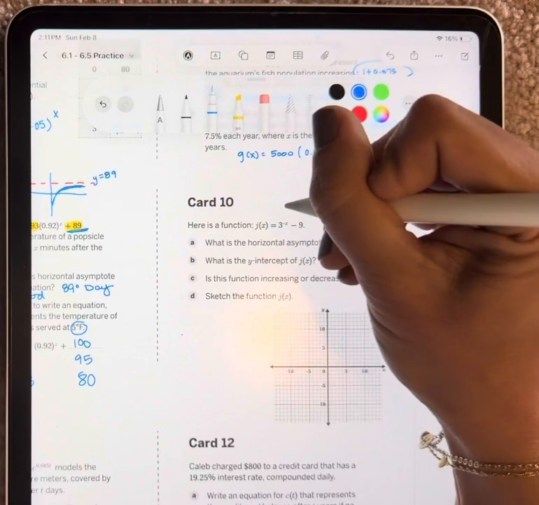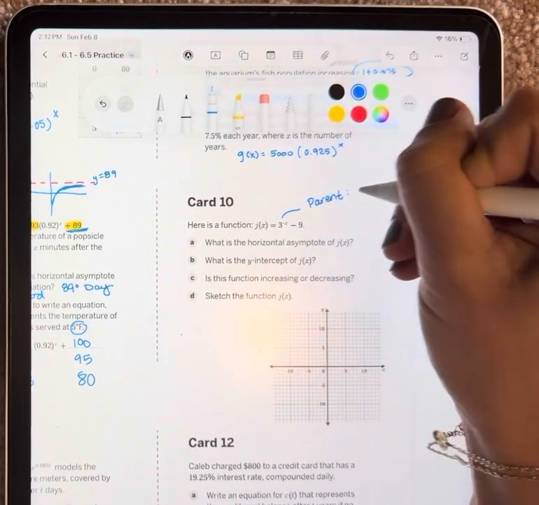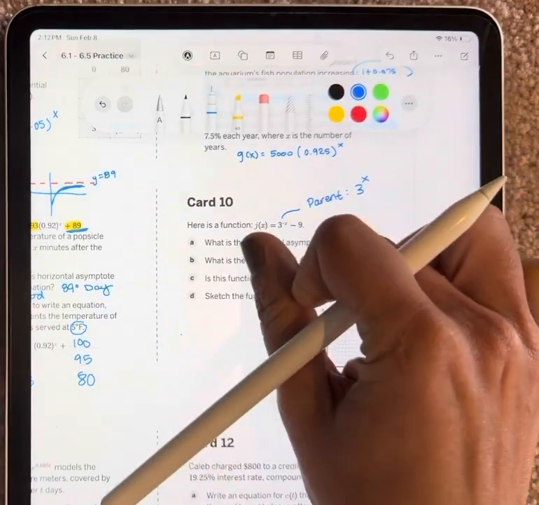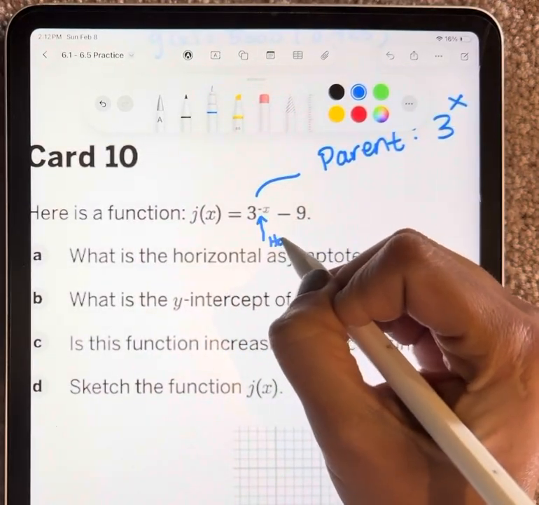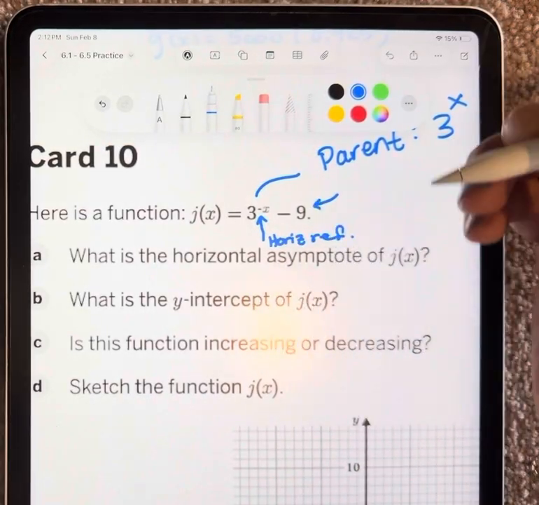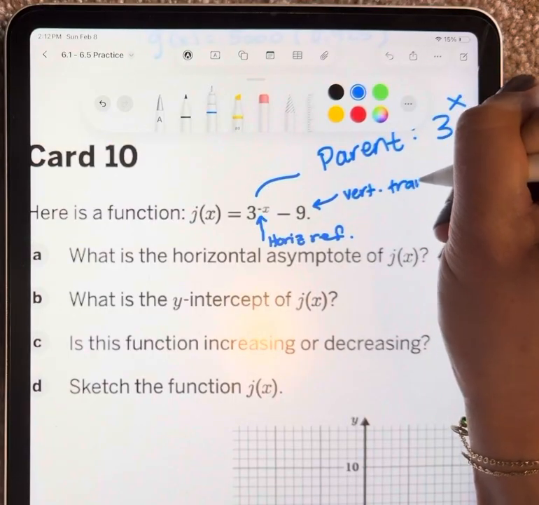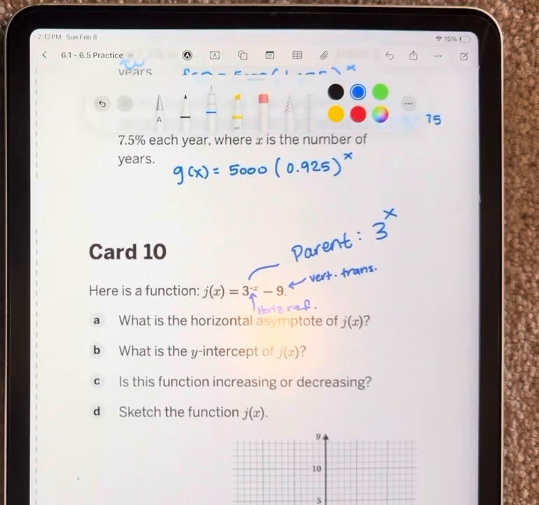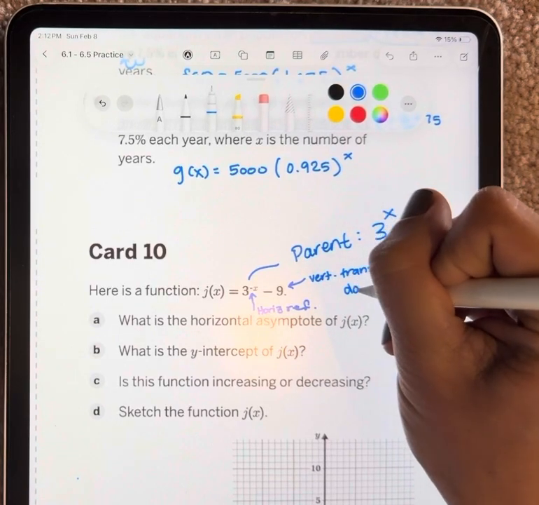I have the same parent function of 3 to the x, except now I've got a horizontal reflection. And I've also got a vertical translation. So this is all the stuff that I'm thinking right off the bat, you guys. I'm thinking that I'm going to have to flip it and move it down 9.